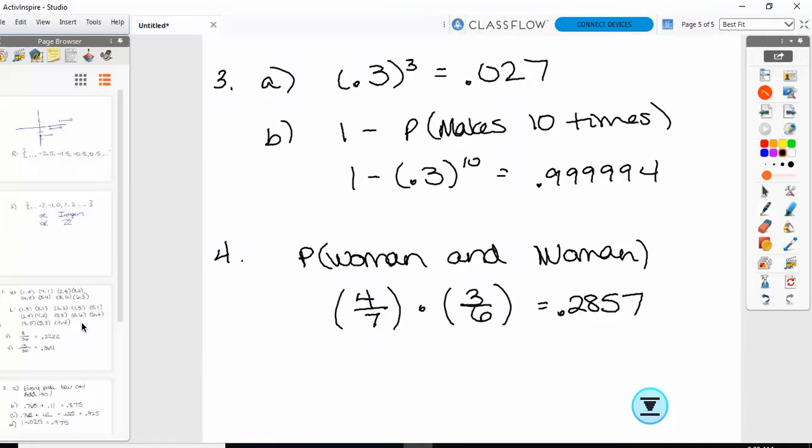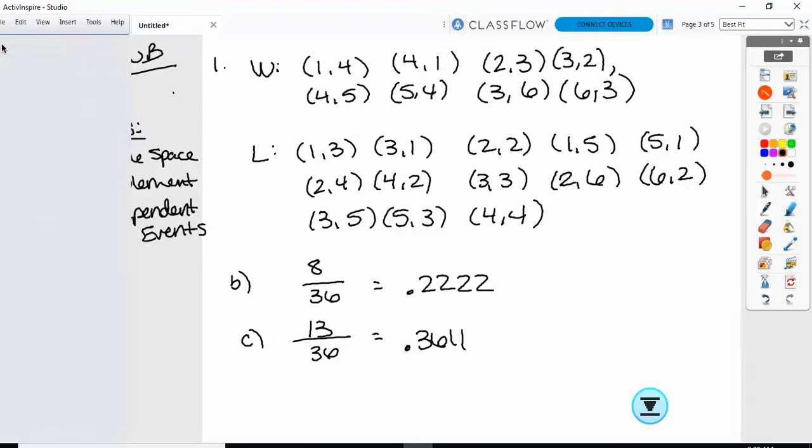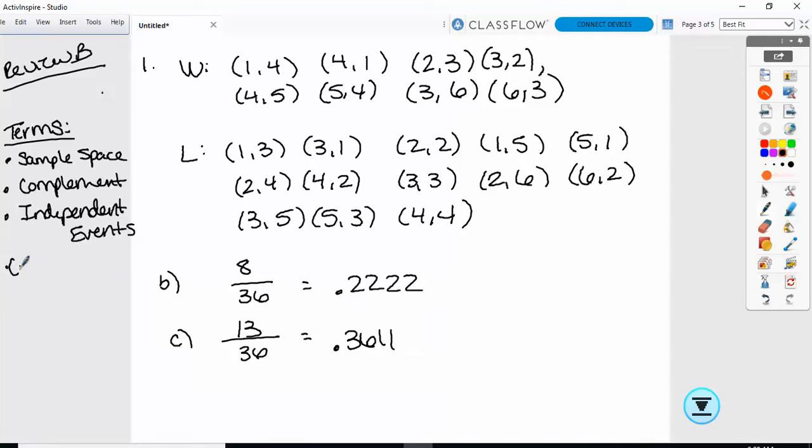So the next piece talks a lot about conditional probabilities. So that is when we have those givens, when we have a condition.